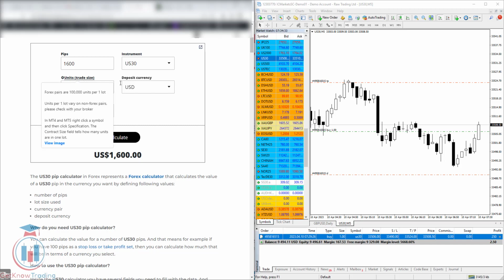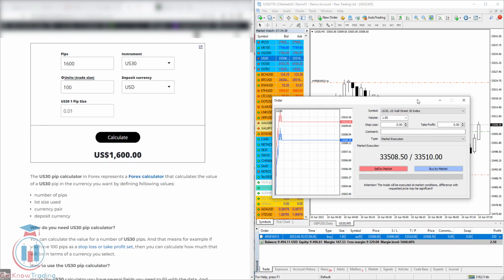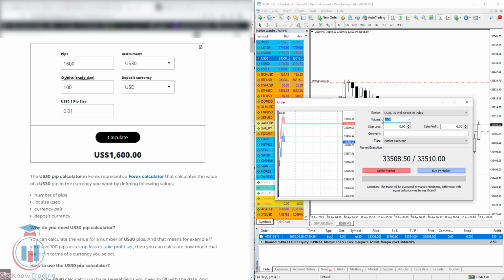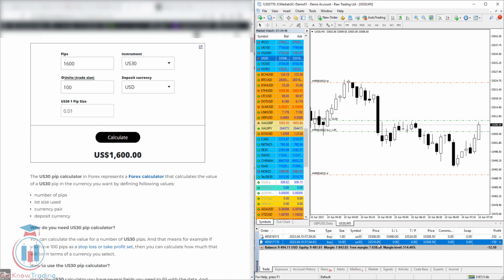inside the trading platform. The second thing that is very important when you open a new order is the volume that you define. For example, if you put here 10 and select buy by the market, you will make 10 times more with this trade, because we have increased the lot size by 10 times.